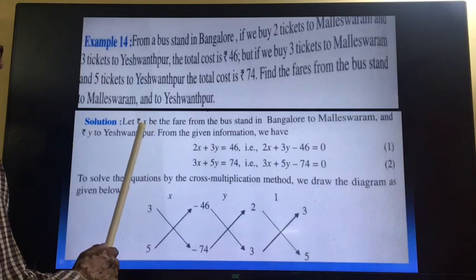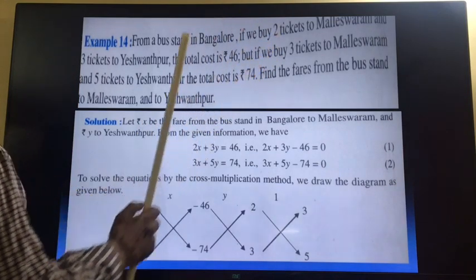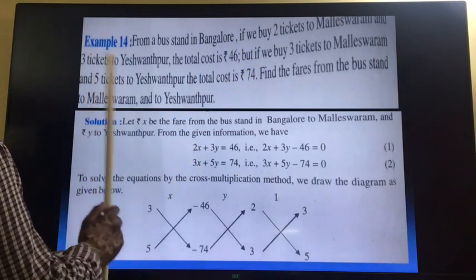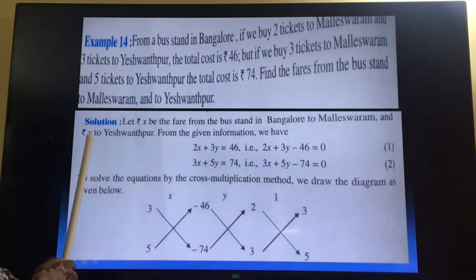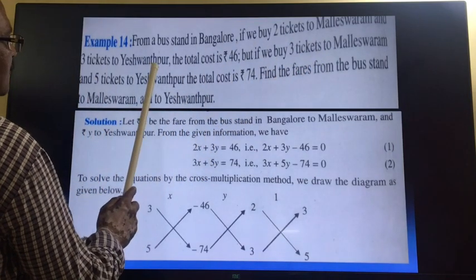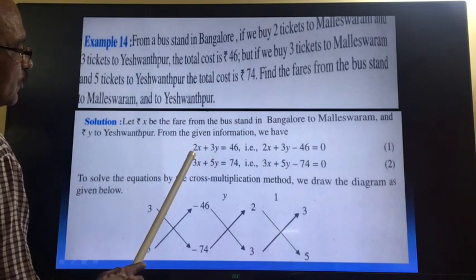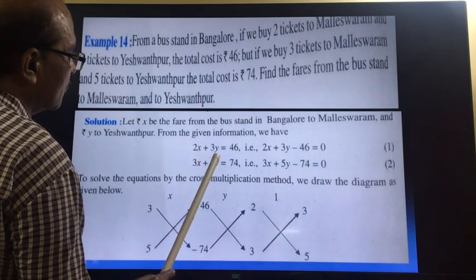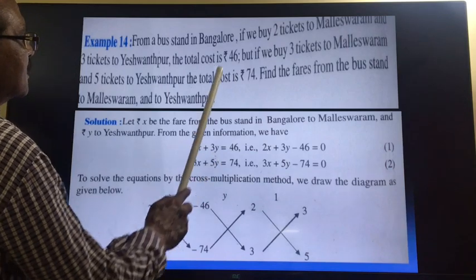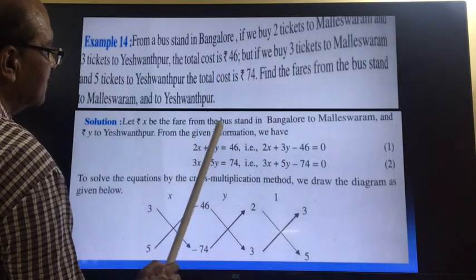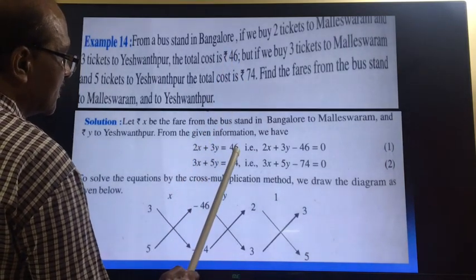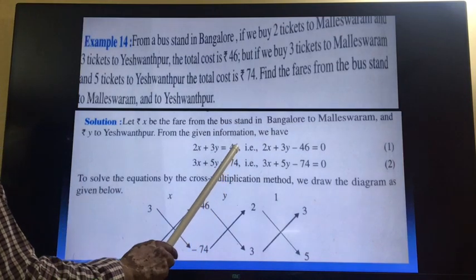From the given information, the value of one ticket is x and we are buying two tickets, so the value is 2x. The value of one ticket to Yeshwanthpuram is y, and three tickets give 3y. So 2x plus 3y is the total cost, and it is given as 46. So 2x plus 3y is equal to 46. This is our first equation.